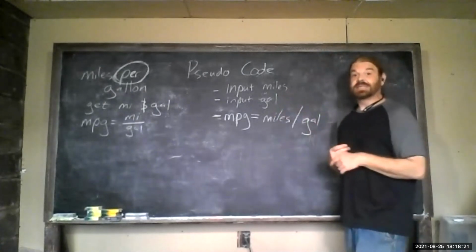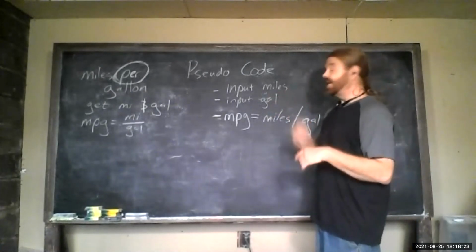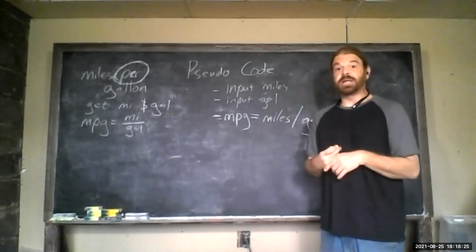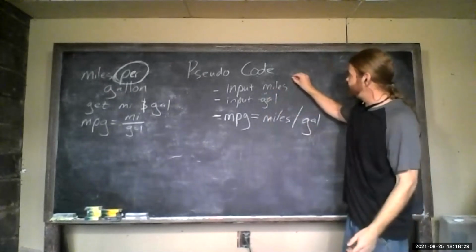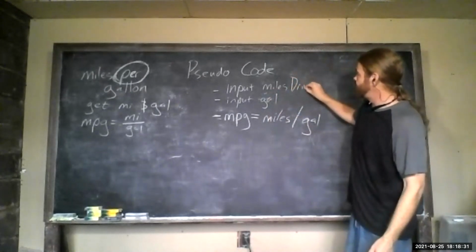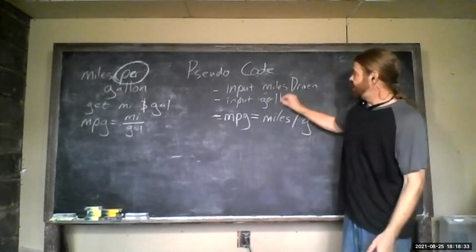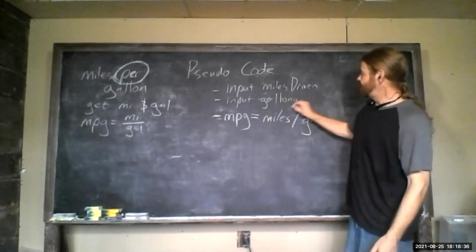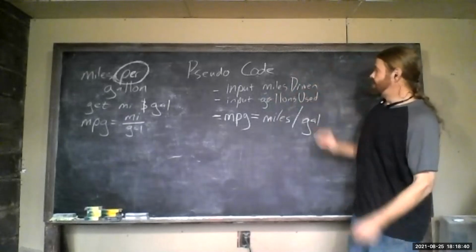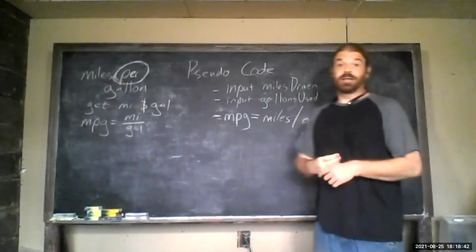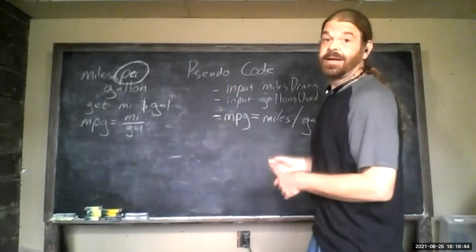Like the other question that was just asked, you could change the variable names being used into something more descriptive. It would be much more descriptive to say something like miles driven and gallons used. I mostly abbreviated it on the board because writing it out by hand takes a minute.